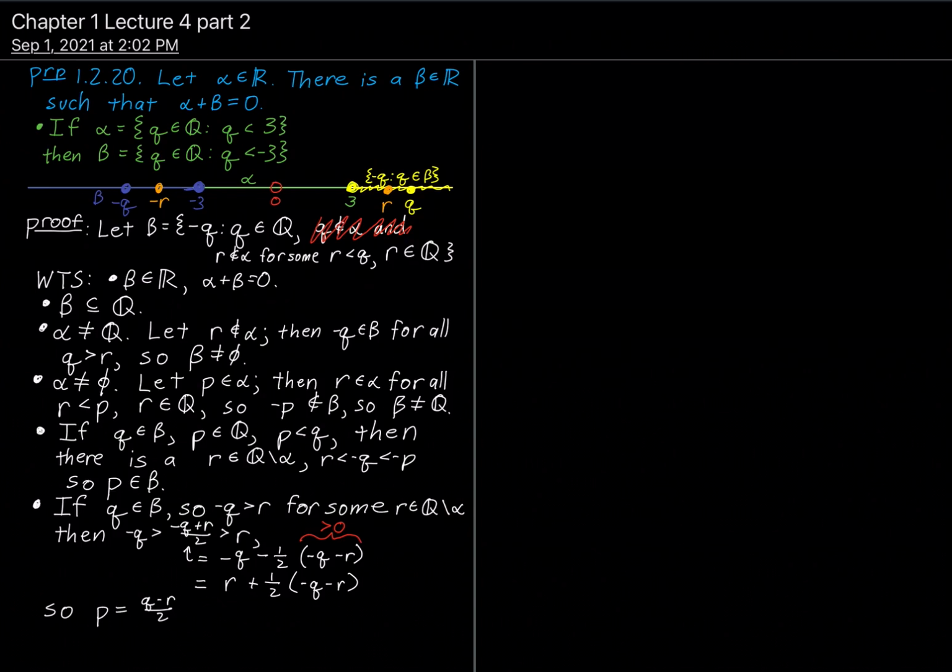Negative P is less than Q, so this satisfies. Negative P is still bigger than R, so our P is in beta. P is bigger than Q, so beta is a cut.